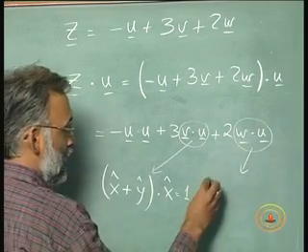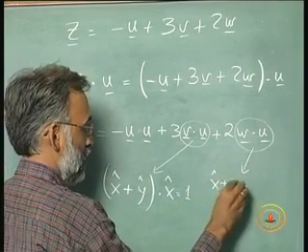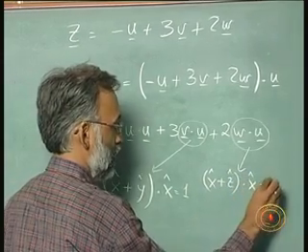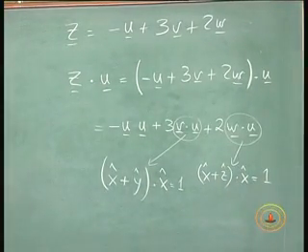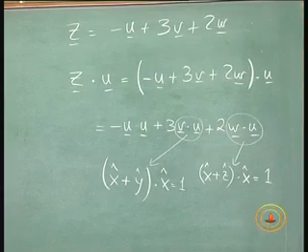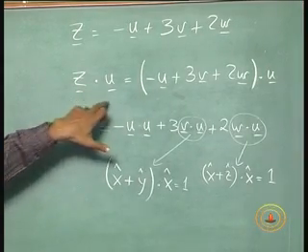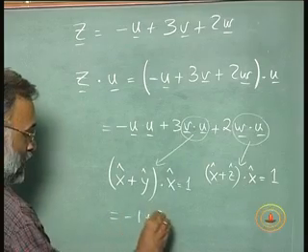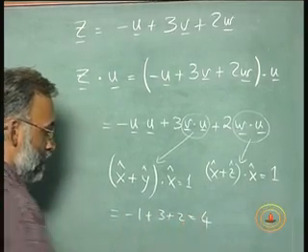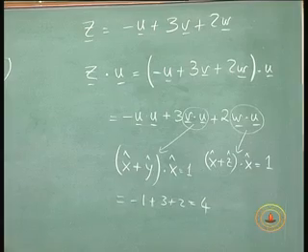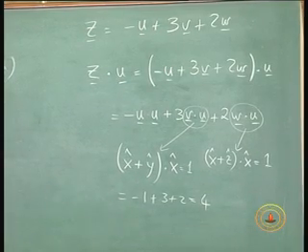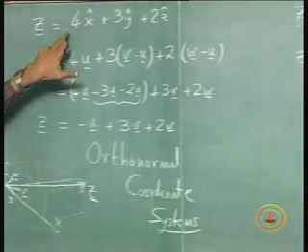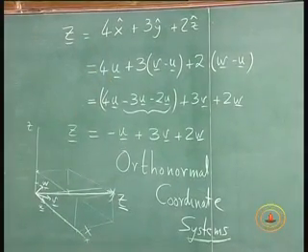W dot u is unit vector along x plus unit vector along z dot x, which is also equal to 1. Which is why when you take z dot u and add it all up, you will get 4. Minus 1 plus 3 plus 2 equals 4, which is not surprising at all, because we started with z equals 4 x hat plus 3 y hat plus 2 z hat. So, we had to get 4 out of it.